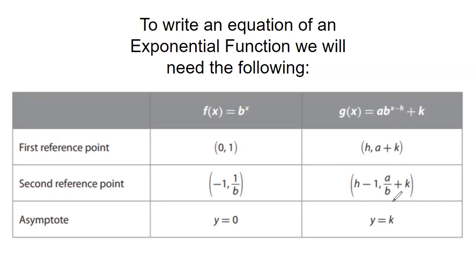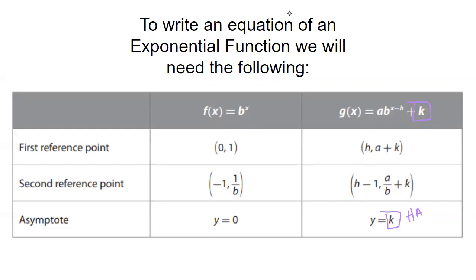Our second reference point, which we use to solve for b, is given as (h minus 1, a over b plus k). Those are the reference points we're going to use. We're going to need only 2. Now our asymptote is going to be given, and we know that it's that k, our horizontal asymptote, HA.